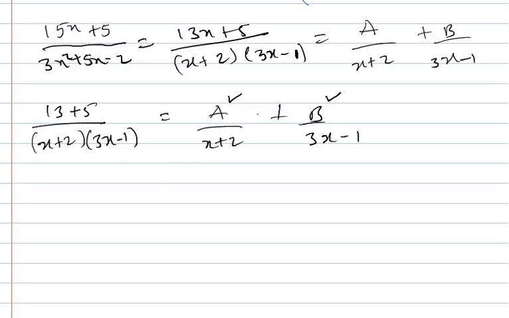To find A and B, we have to clear the fraction by multiplying through by the denominator. So if we multiply by this, one goes, then we have what? If we multiply through, this one multiplied by itself is going to be equal to 1.